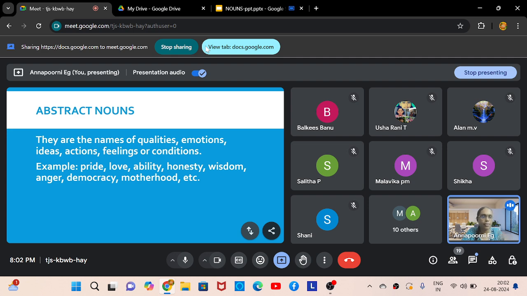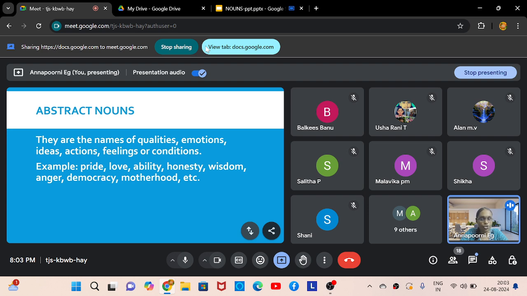Feelings. Feelings are nothing but same as emotions, and conditions are similar to feelings or emotions or ideas. It can be related to each other. Okay, for example, pride. Pride is actually a feeling. If you are very proud of something, then we can say she is very proud or she is in pride. Okay, so pride is a quality.